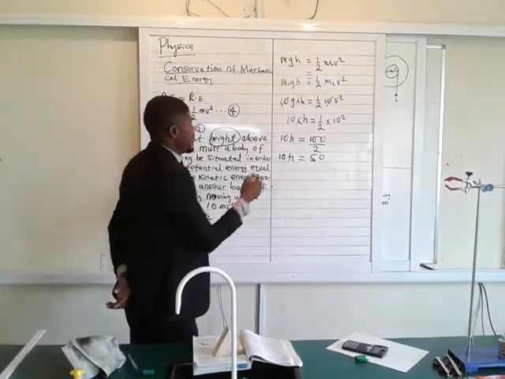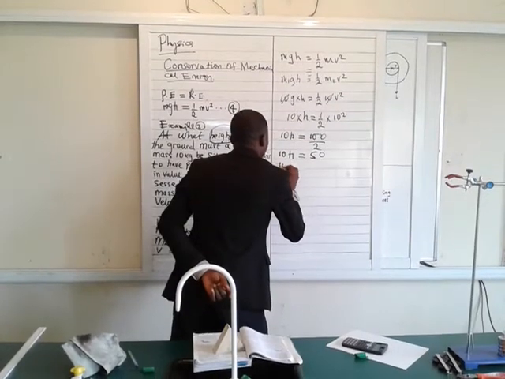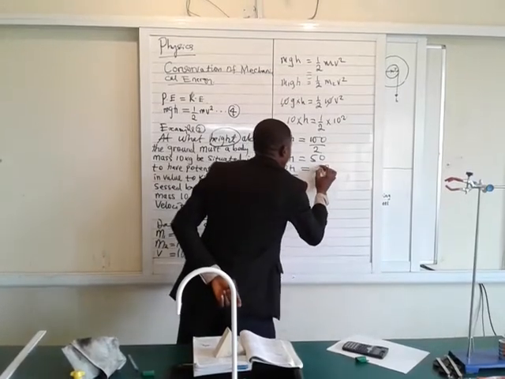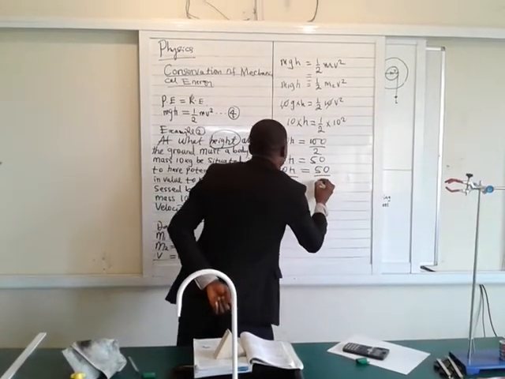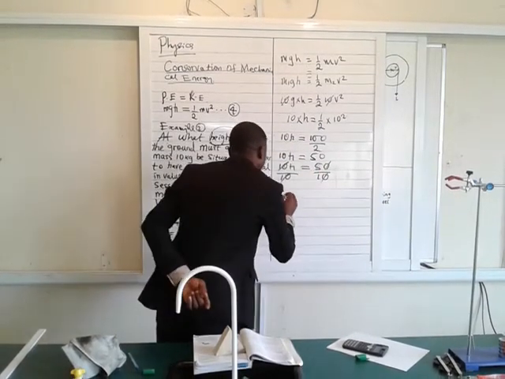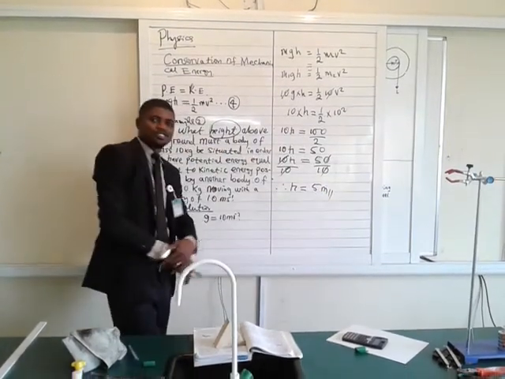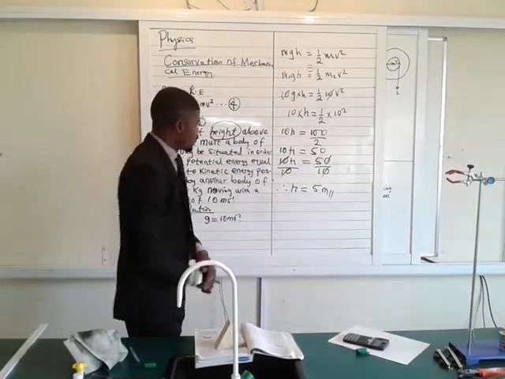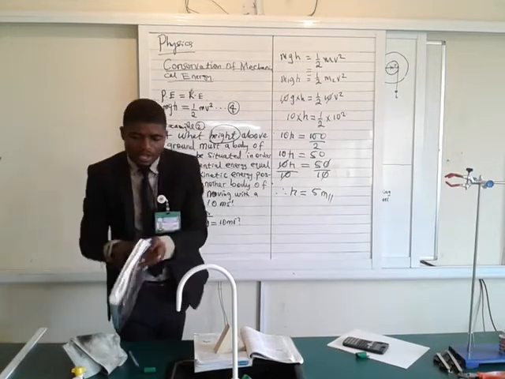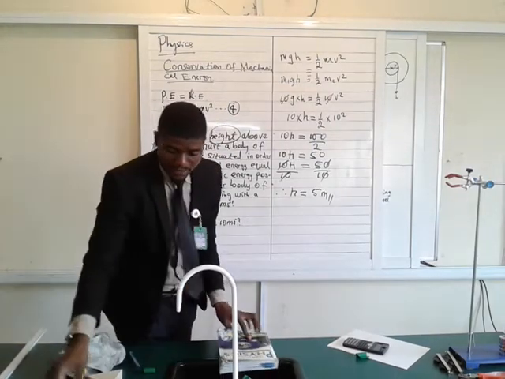And so you divide both sides by 10. Your 10h over 10 equals 50 over 10. This cancels, this cancels, and therefore the height in question is 5 meters. Very simple. And so I will advise you to make use of this equation and also this one to solve some related questions.